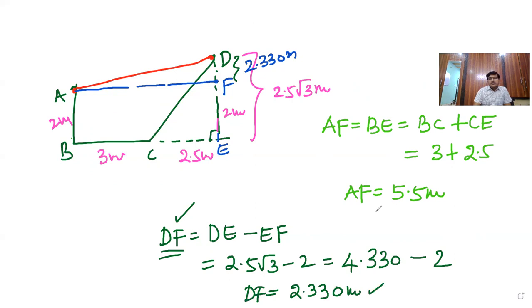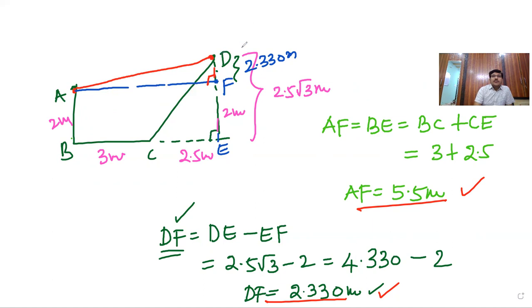Okay. Now, observe carefully. I got AF, I got DF or FD. Simply from this AFD right angle triangle, AF square, base square, plus DF or FD square, and the root gives the AD. Clear?